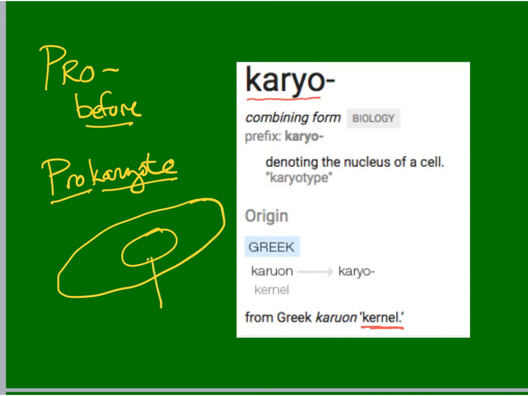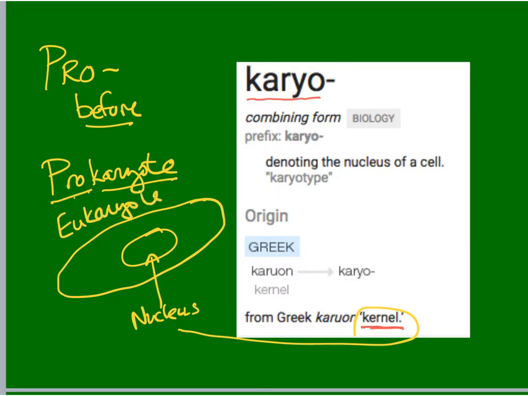Oh, that's the nucleus. Well, turns out that's the kernel. So prokaryotes do not have a nucleus. So this is a eukaryote. It has a kernel, and eu means true.